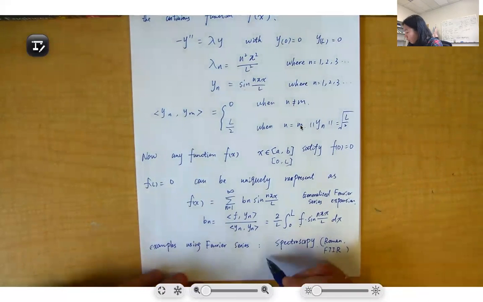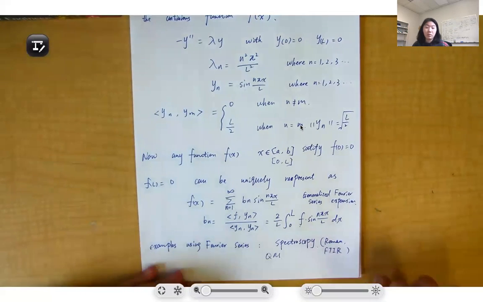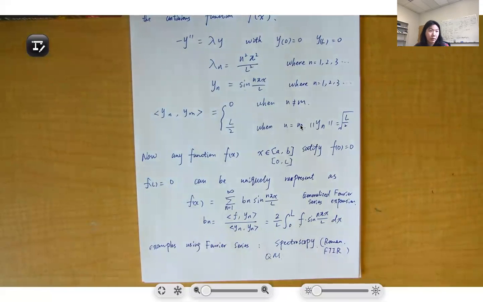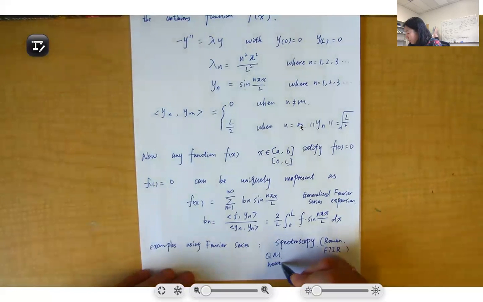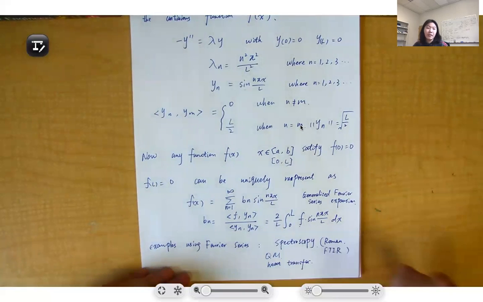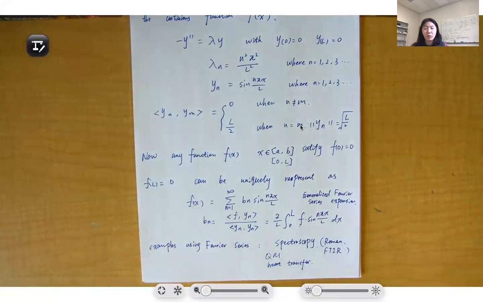As we also said, quantum mechanics uses the Sturm-Liouville problem to generate the eigenvalues and eigenvectors. The quantized energy levels, we're using Fourier transform expansion as well. Some heat transfer problems we will talk about later. 1D, 2D examples using partial differential equations for heat transfer applications also use Fourier series expansion.